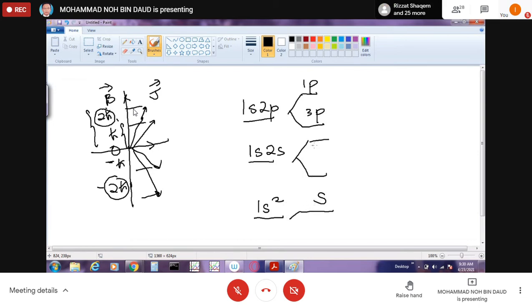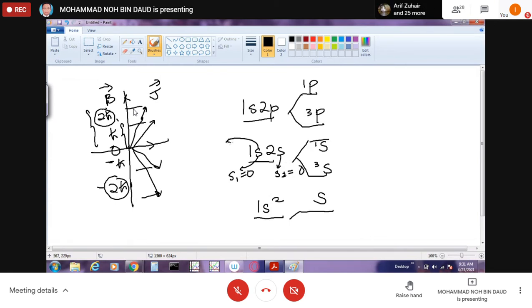And for this one you can see this is triplet S and this is singlet S. S is the spin multiplicity, the spin quantum number for these two individual electrons.